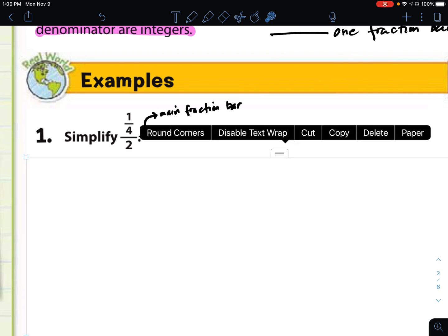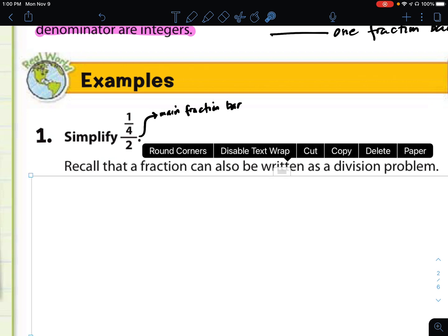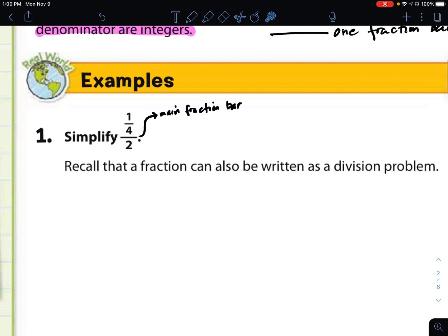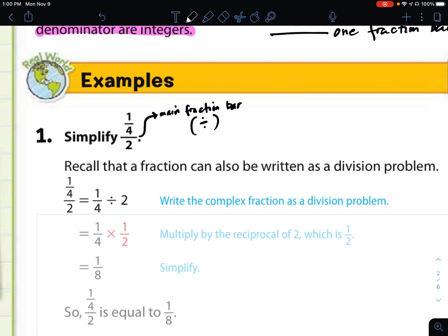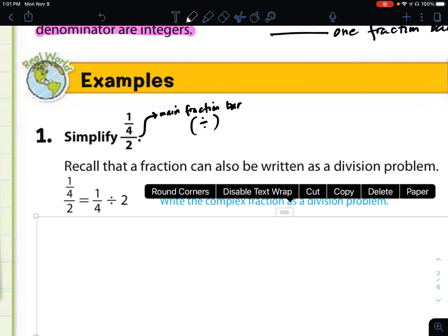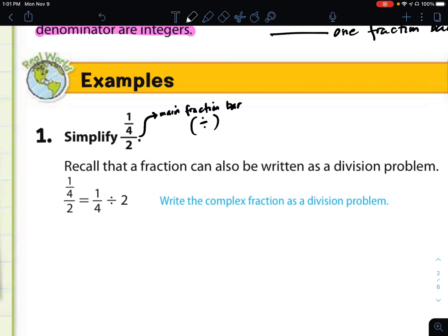So recall that a fraction can also be written as a division problem. So remember the main fraction bar indicates division right there. When you say 1/4 over 2, it is the same thing as saying 1/4 divided by 2.